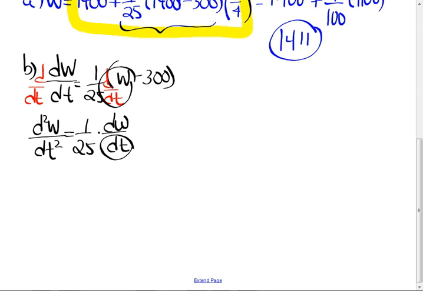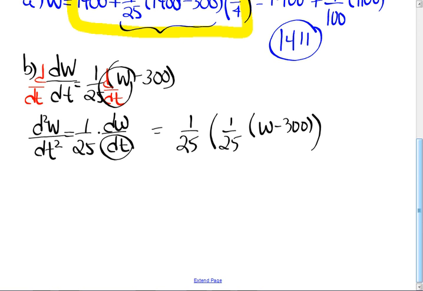What's the derivative of minus 300? 0. Okay. Looks good. What is dw/dt? It's 1 over 25 times, and we know it is, 1 over 25 (w minus 300). Right? What's true about the second derivative?